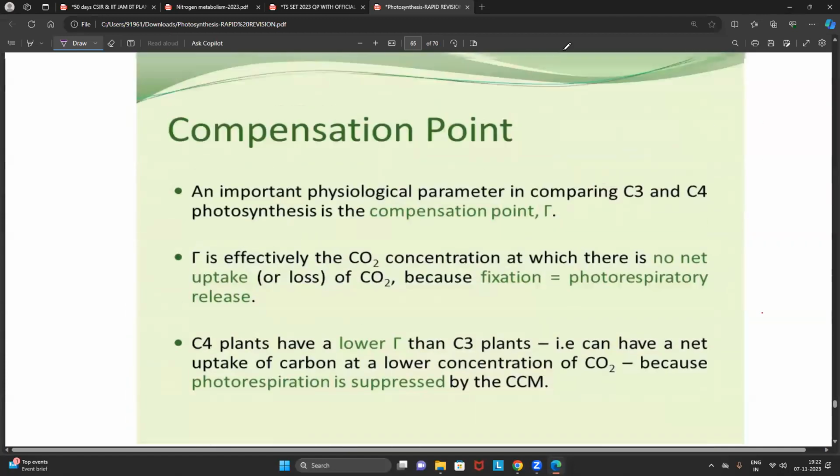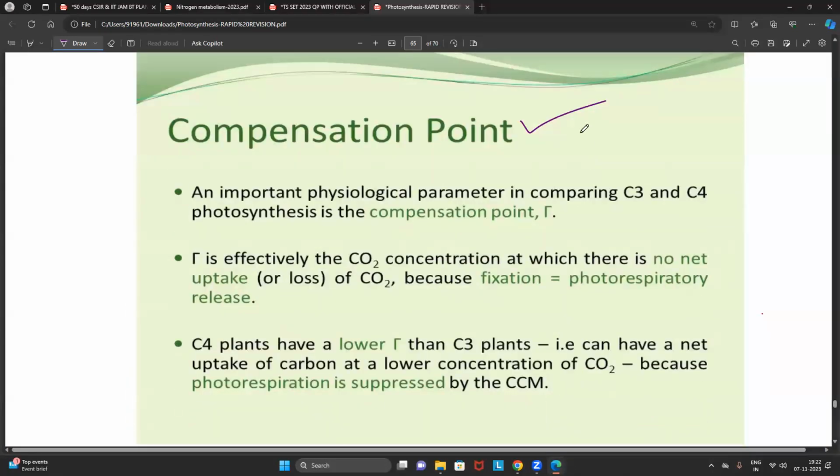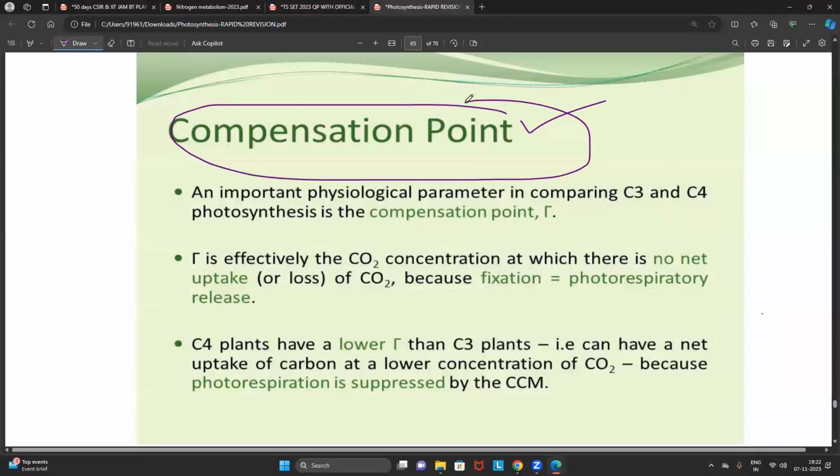Now, let me quickly tell you a little bit about the compensation point. Every one of you focus. Compensation point is a point where there will be no loss or no gain of carbon.